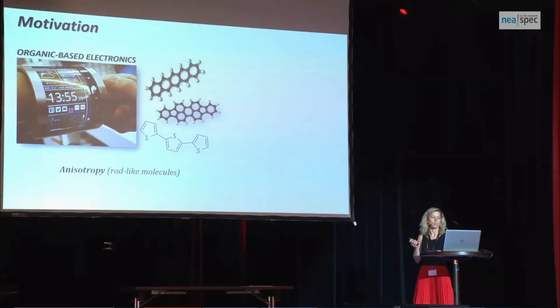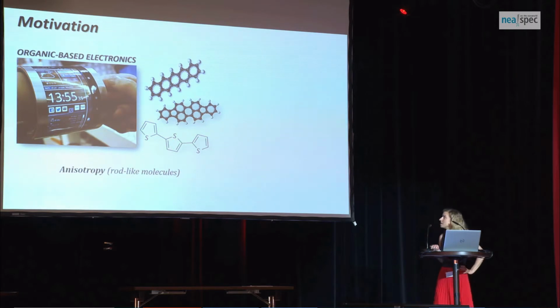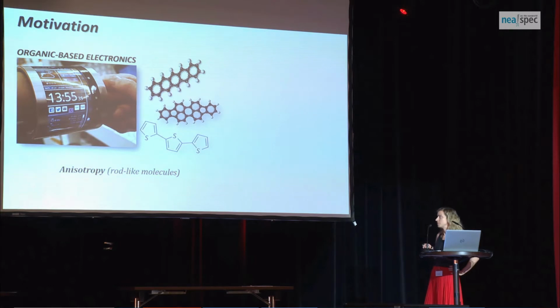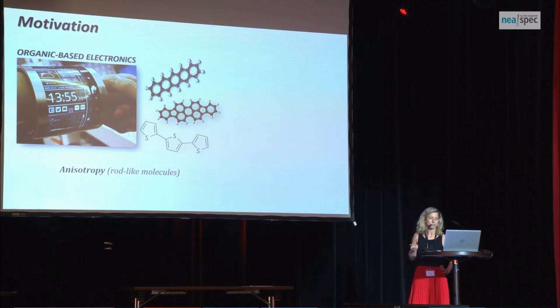So small organic molecules, also together with polymers, are perceived as a very promising candidate for organic-based electronics. And here, in this concept, the standard inorganic semiconductors should be interchanged by small molecules that also have semiconducting features.